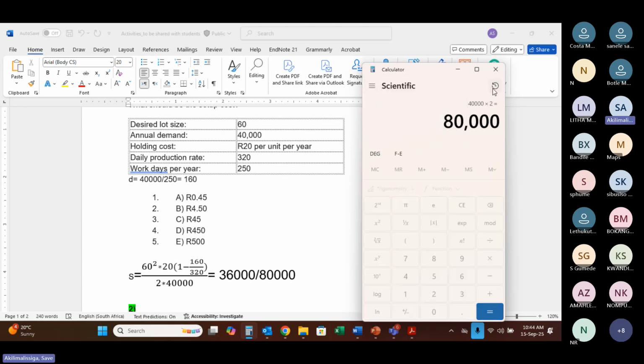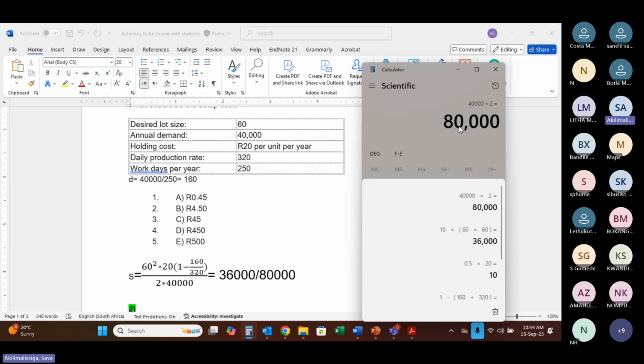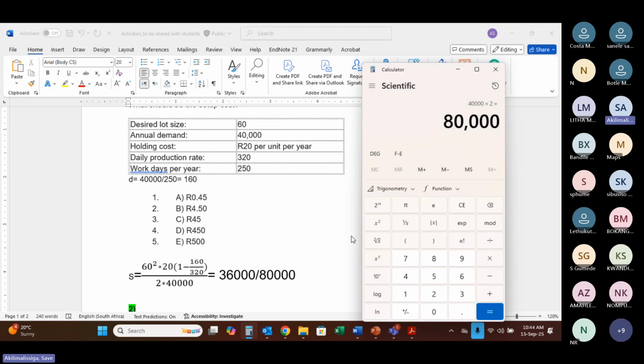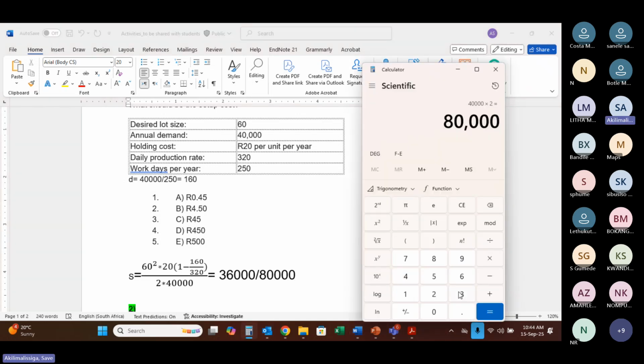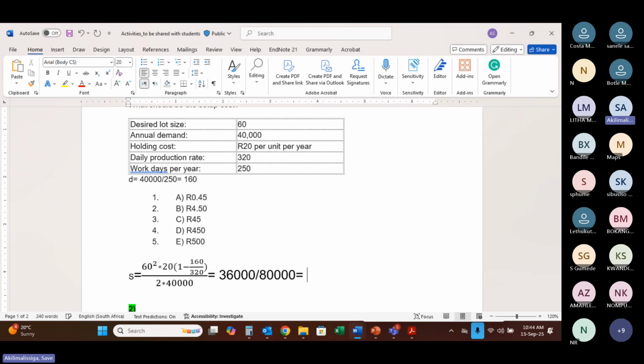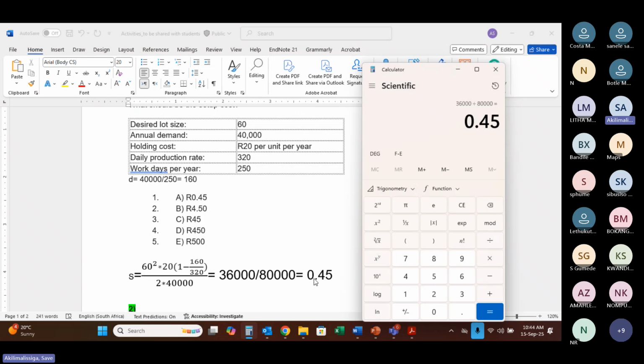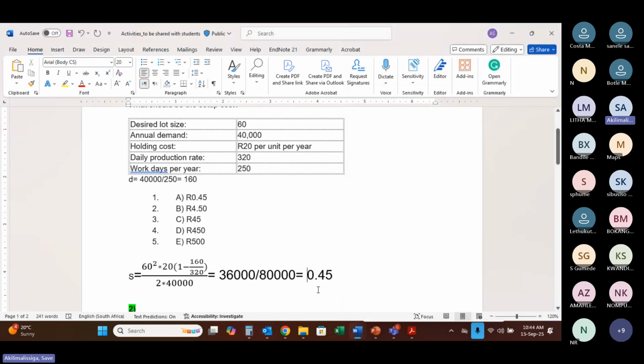I think it's, yeah, 36,000, not 3,600. All right, so again, 36,000 divided by 80,000, and that gives us 0.45, right? So that is the setup cost, because the question is asking us to calculate the setup cost. So this is the answer.